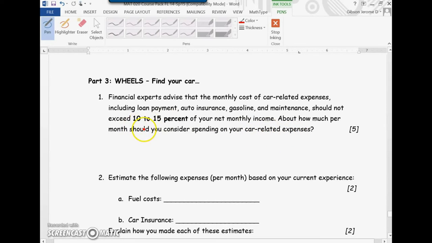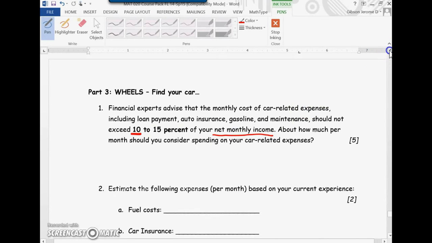Now listen, you do not have to give me the amount for 10% and 15%. You have to pick one. And whichever one you pick, I want you to underline it. So myself, I'm just going to pick 10%. So I'm going to underline the 10% to let the person grading this know that I'm doing it based on 10%.